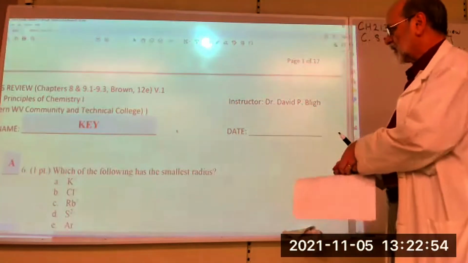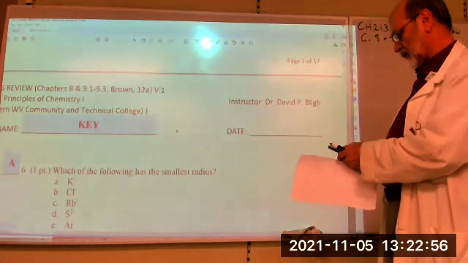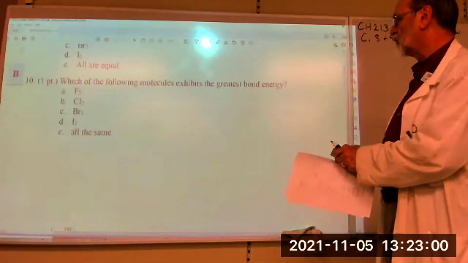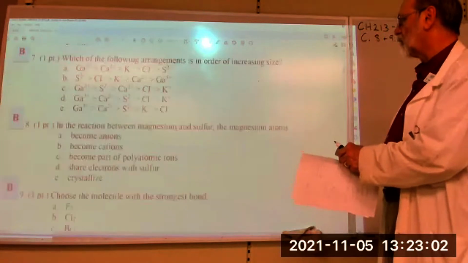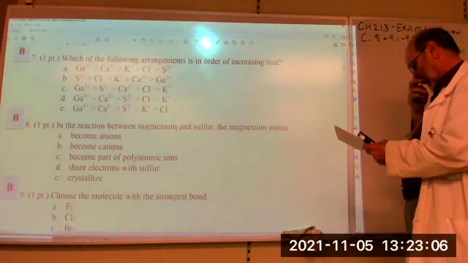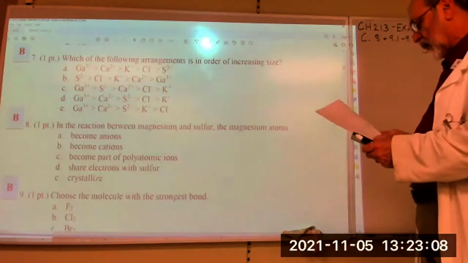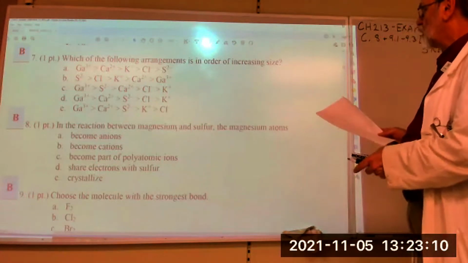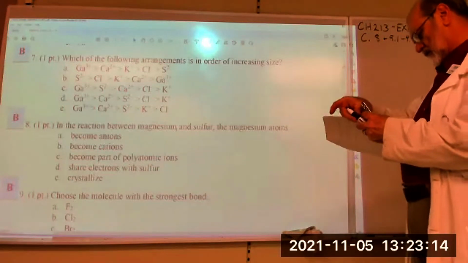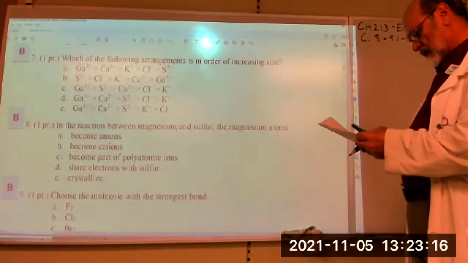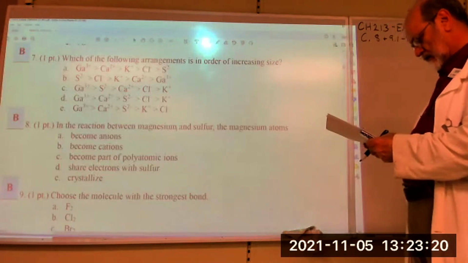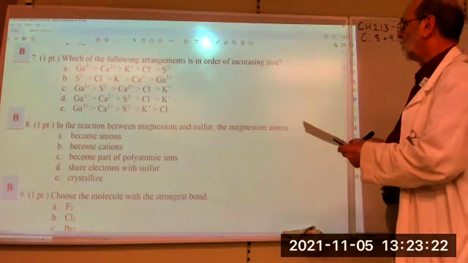That's how you solve that one. Okay, let's look at the next one because it's ions also. There we go. So how did I solve this one? Same way. Which ones are isoelectronic? All but gallium are isoelectronic.